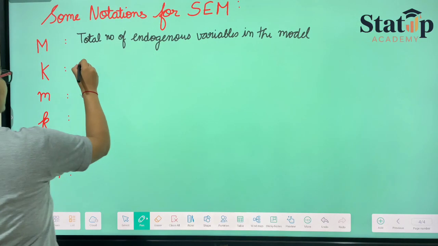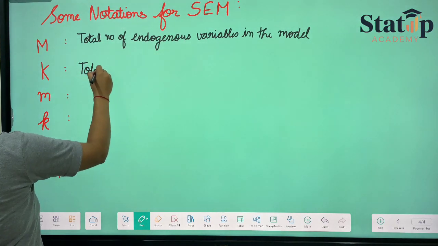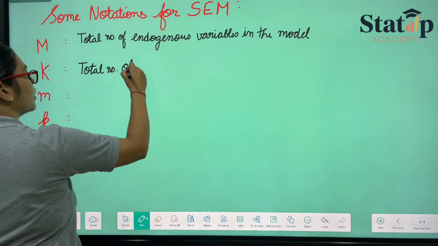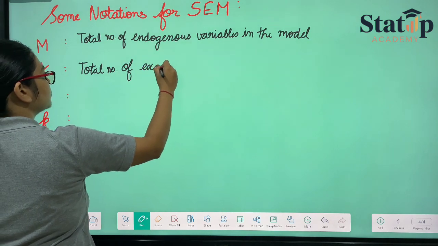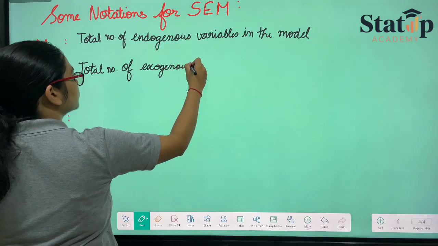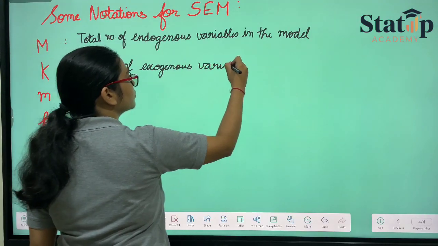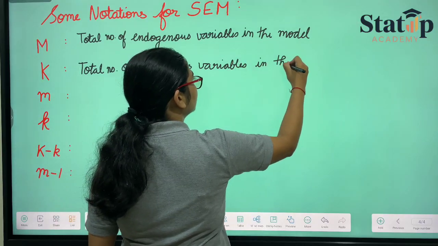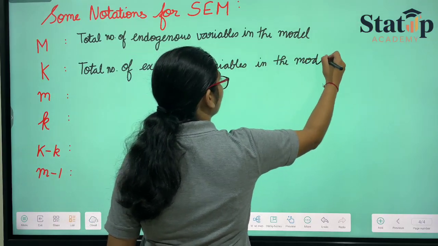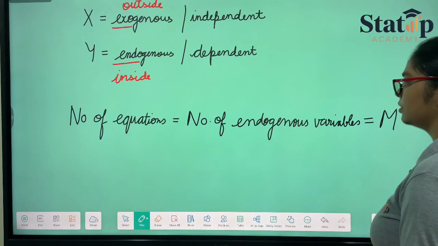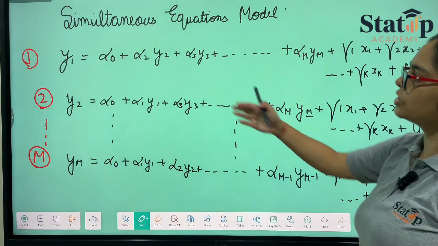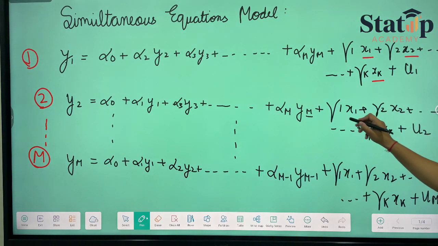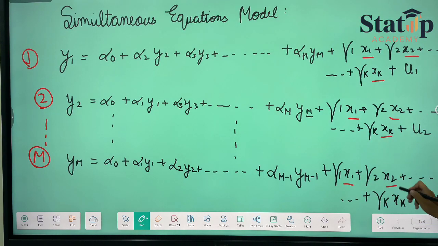Now capital K is the total number of exogenous variables in the model. We observe that the exogenous variables are x1, x2 up till xk.